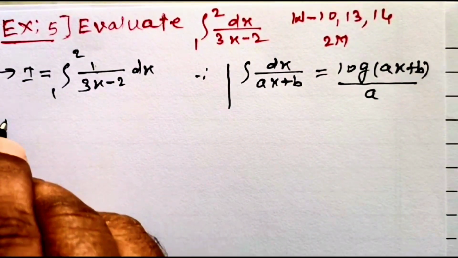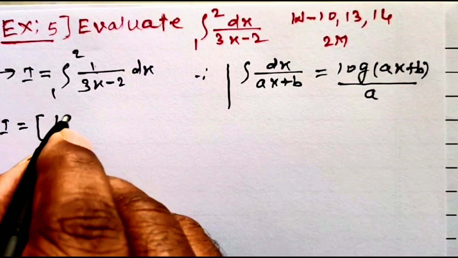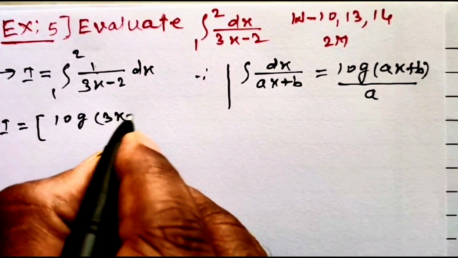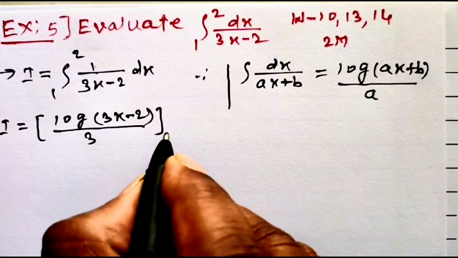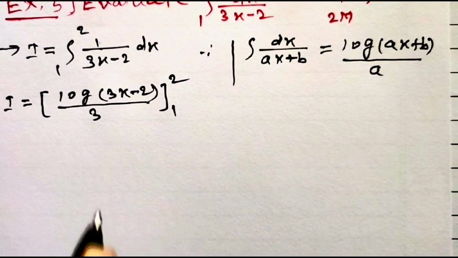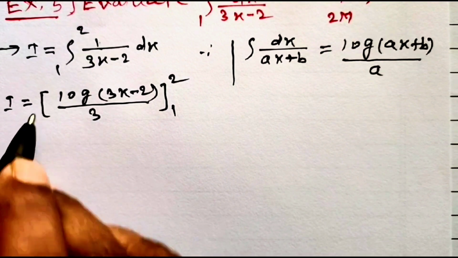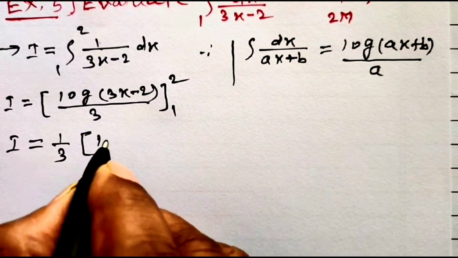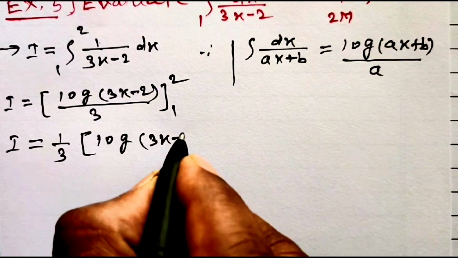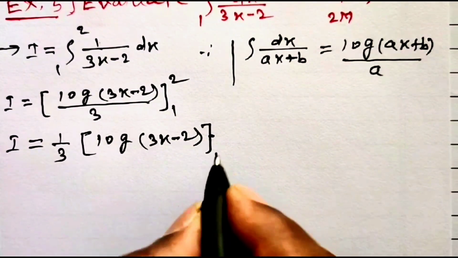Hence I is equal to logarithm of 3x minus 2 divided by 3, with limits from 1 to 2. Now take 1 upon 3 outside this bracket, then I is equal to the logarithm of 3x minus 2, limits from 1 to 2.